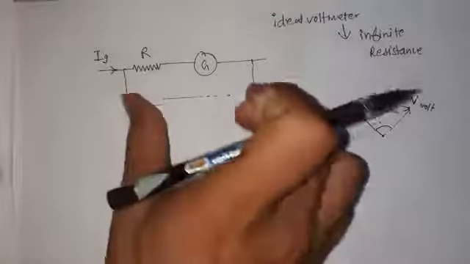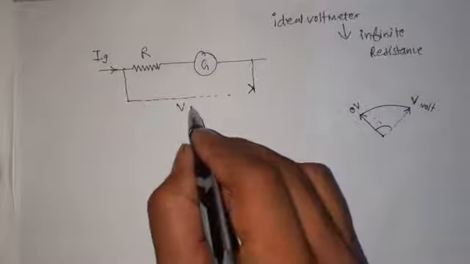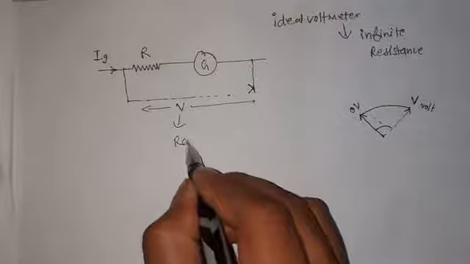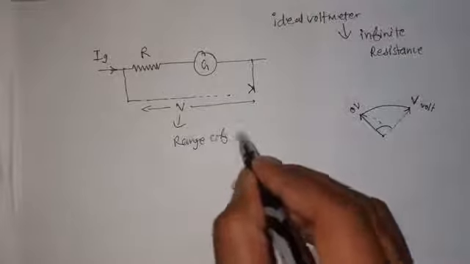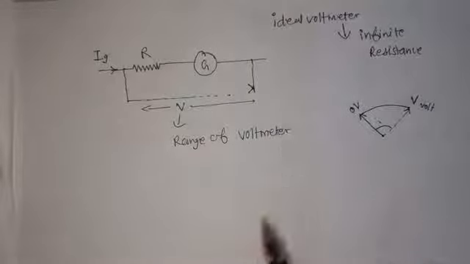This setup will have the potential difference which we want to measure. V is the range of the voltmeter into which we want to convert this galvanometer.